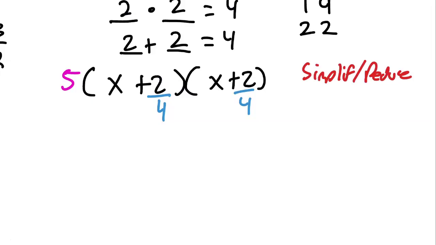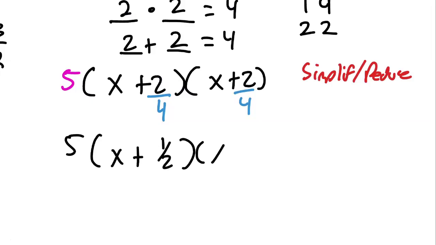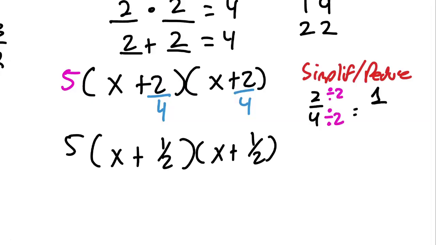Okay, what does 2 over 4 simplify to? 1 over 2. 2 and 4 can both be divided by 2. 1 divided by 2.